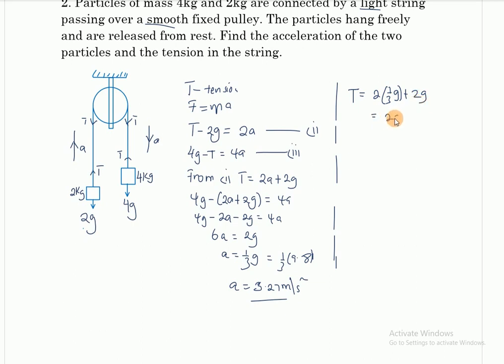This is 2g over 3 plus 2g, where we shall get 8 over 3 g newtons. Putting in the value of g, we get 26.1 newtons.